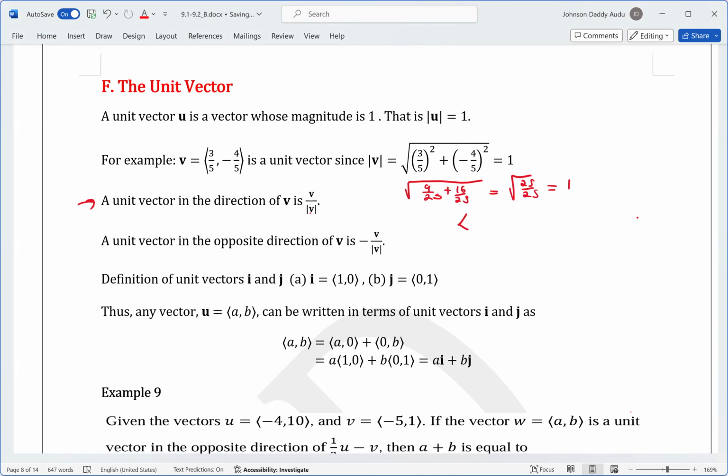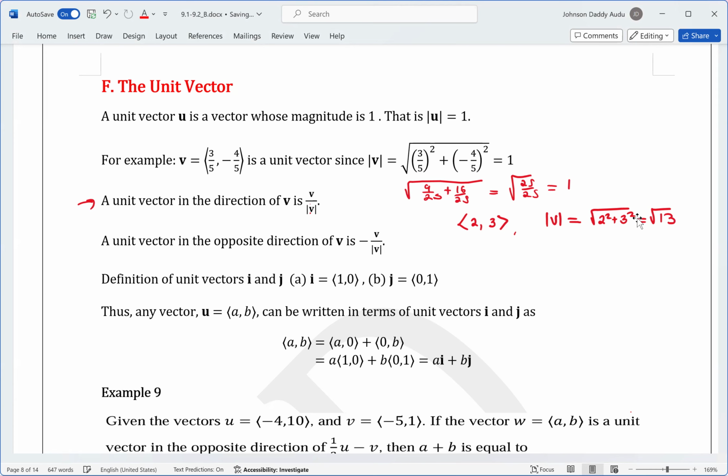For example, if you have this vector (2, 3), what is the magnitude of v? The magnitude of v is just the square root of 2 squared plus 3 squared, and this will be 4 plus 9. So this is the square root of 13. This is the magnitude. But is this a unit vector? No, because the magnitude is not 1.